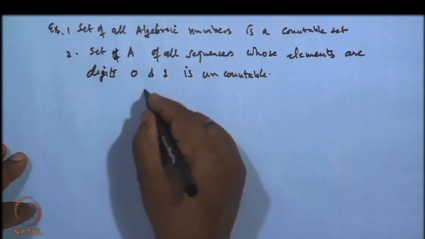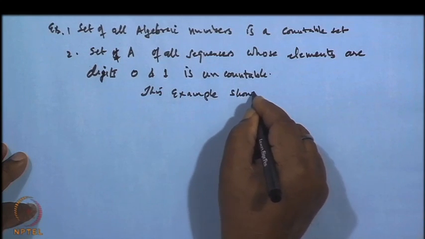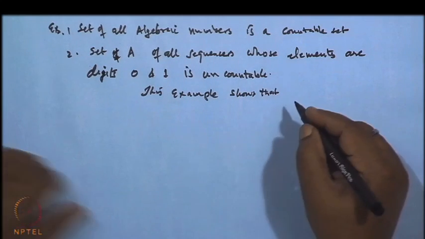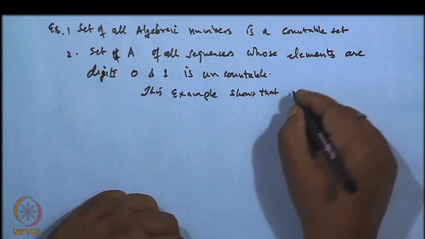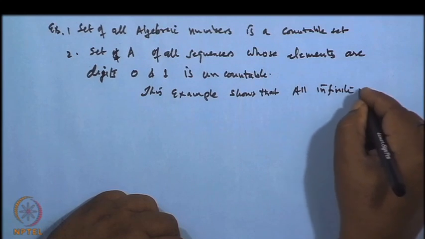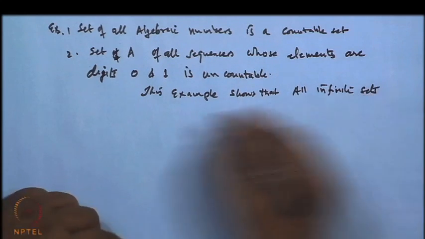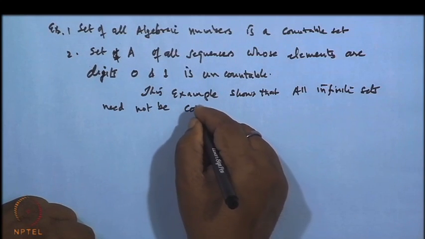So, this example shows that all infinite sets need not be countable.